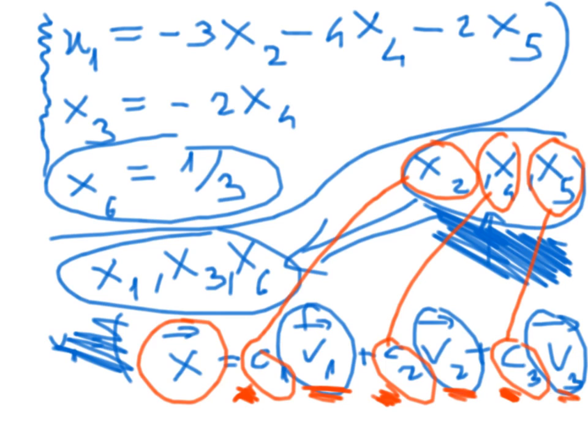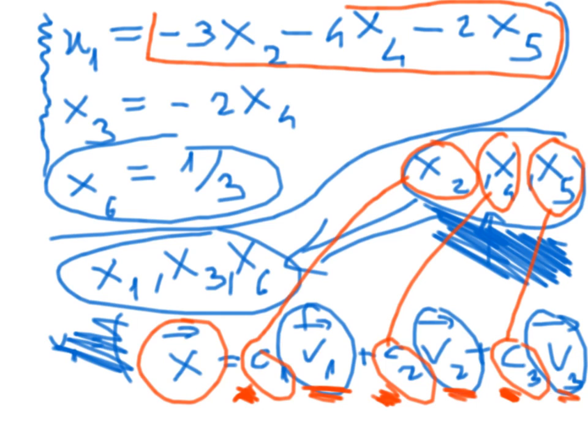Now, what is this basis? Well, let's see. For example, the basis will be something that takes into account this. And you can see that here we have x2, x4, and x5. And here, in the second row, we don't have x2 and x5, but we have x4. And here, we don't have any of them. So, basically, what you can rewrite here is something like this.